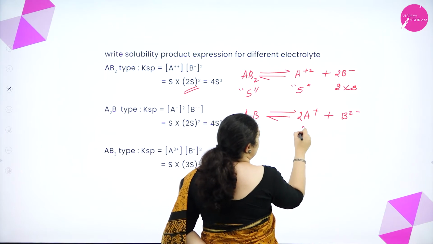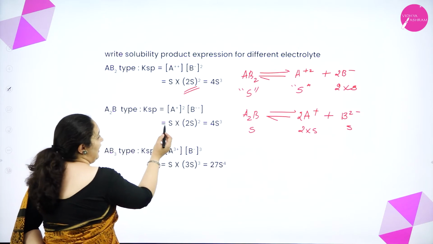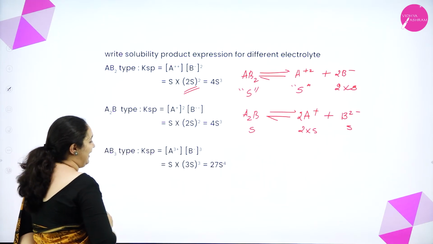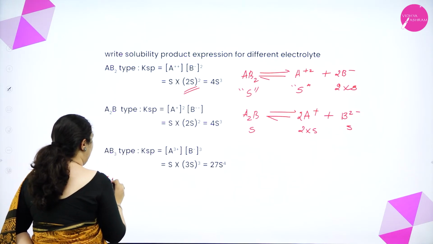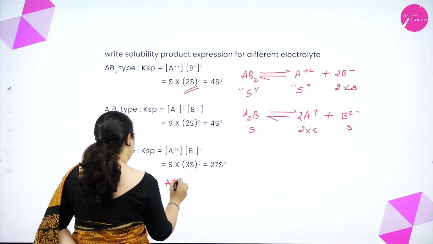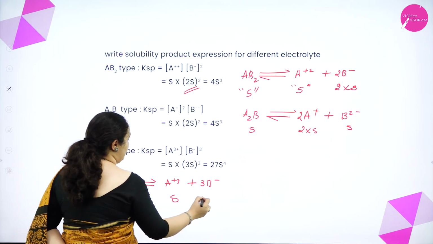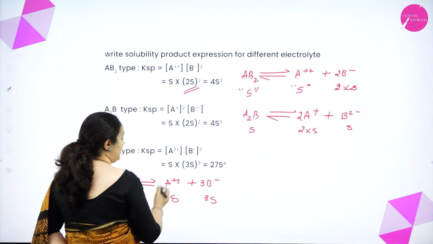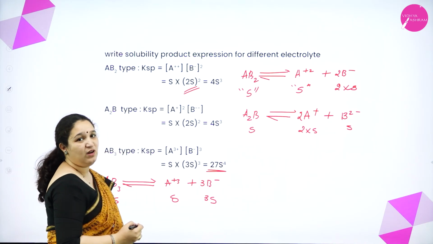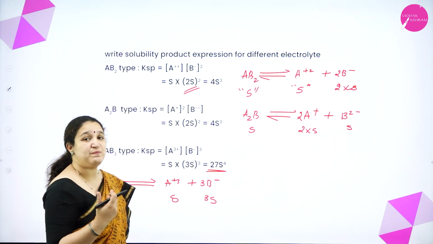So if this is S, this is 2 into S and this will be S. Correct? So it is S into 2S whole square, that is 4S cube. Similarly, AB3 type, it will be A plus 3, 3B minus. So if this is S, this will be S and this will be 3S. So it will be S into 3S whole cube, that is 27S to the power 4. Okay. So this is called the solubility expression.